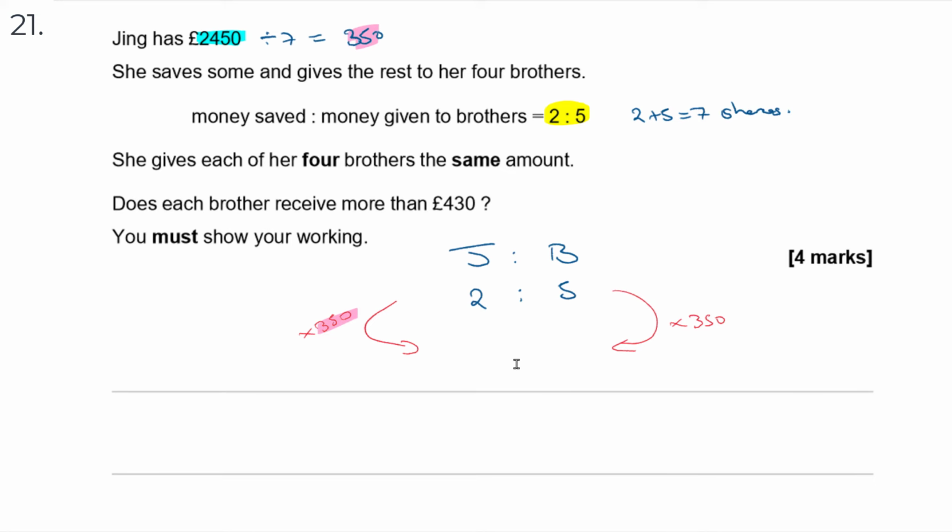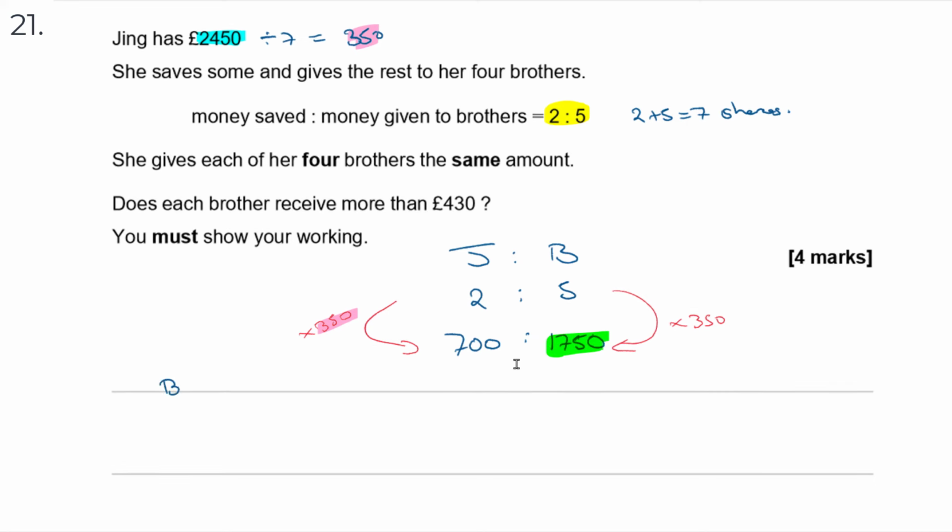Then 2 lots of 350, that's just 700, and 5 lots of 350, what's that going to be, 1400 and another 350, that's 1750 then. Okay, and so the amount of money that we give to the brothers is that one there, that's what's going to her brothers.